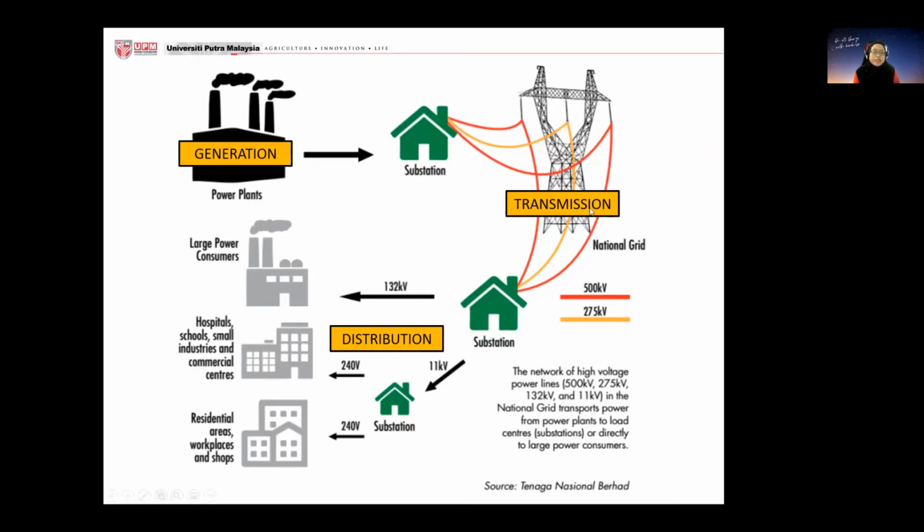So basically, distribution and transmission are quite similar in theory. The only difference is the voltage that is being transferred, the phase, and also the frequency sometimes, right? So you have to remember, in a power system, there are always going to be these three different components, plus one, which is the load or the users.